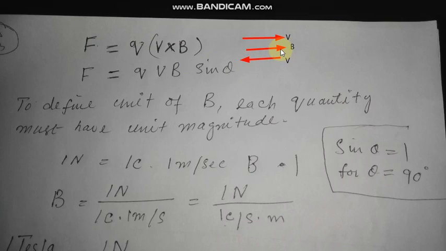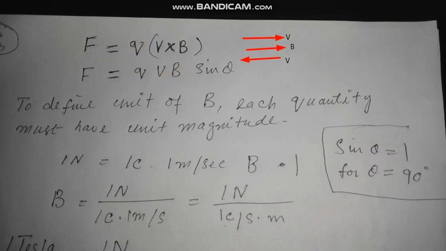But in this case also, when v and B are anti-parallel to each other, theta is 180 degrees, and sine of 180 degrees is also equal to 0. So the force will be 0 in this case as well. That is, in both cases, when v is either parallel or anti-parallel to B, the force acting on the charged particle will be equal to 0.